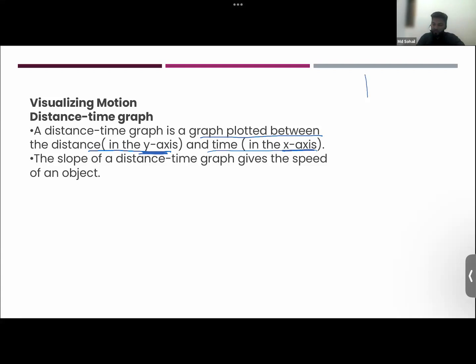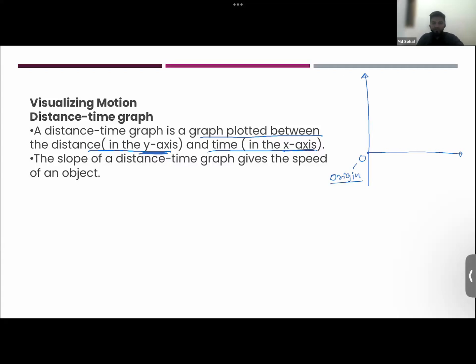If you take a piece of graph paper and draw horizontal and vertical lines on it, the point where they meet is called the center, or the origin point.